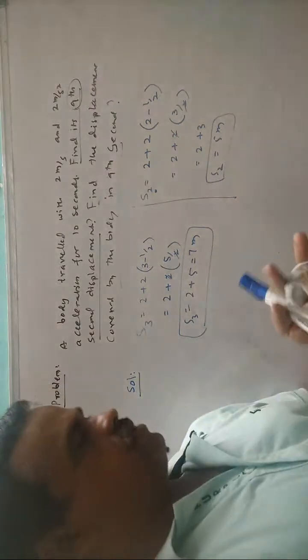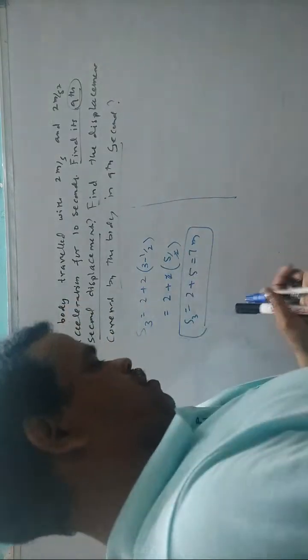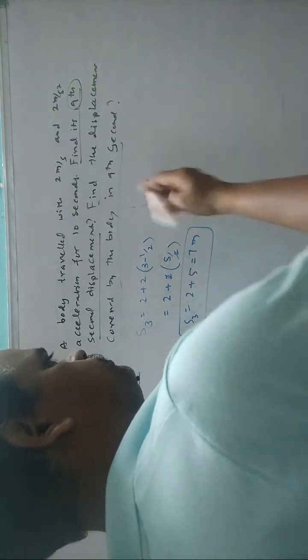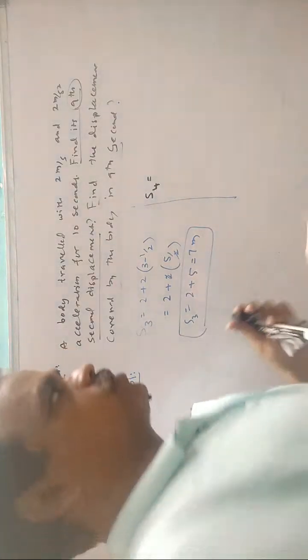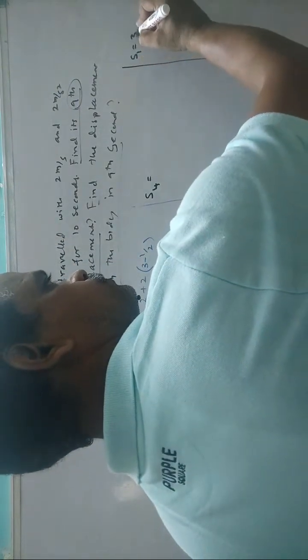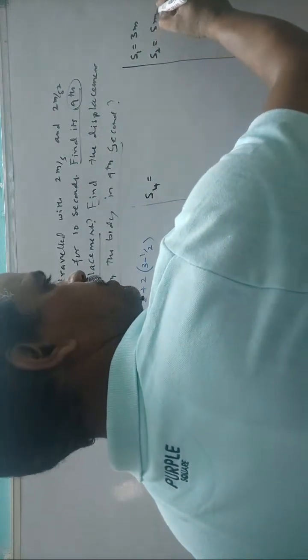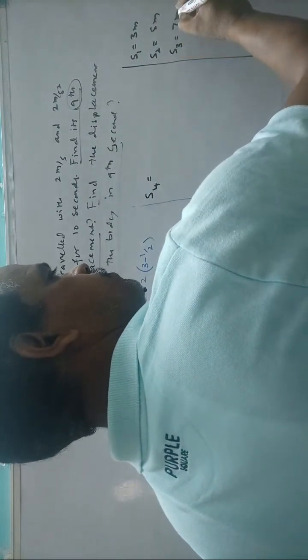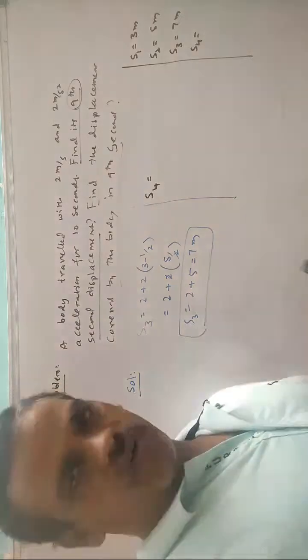Now calculate S4. Do it fast. So I am writing here S1 displacement 3 meter, S2 5 meter, S3 7 meter. Now we are going to calculate S4. You will check it after that. First do S4 fast. Give me answer.